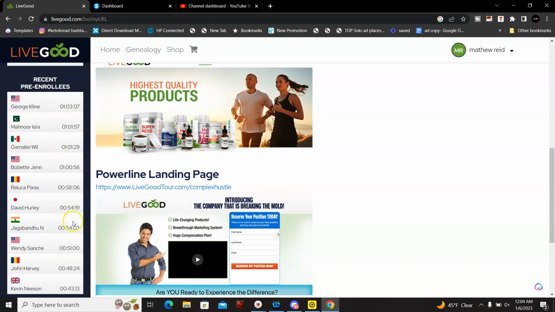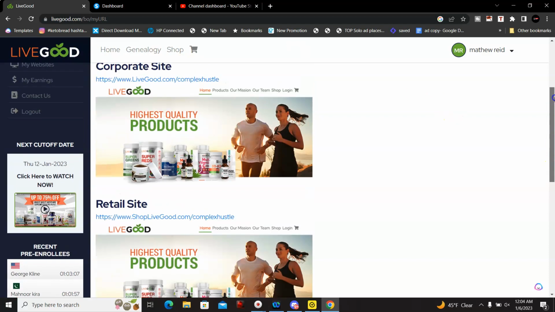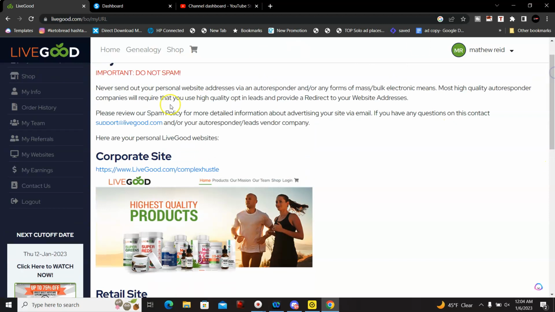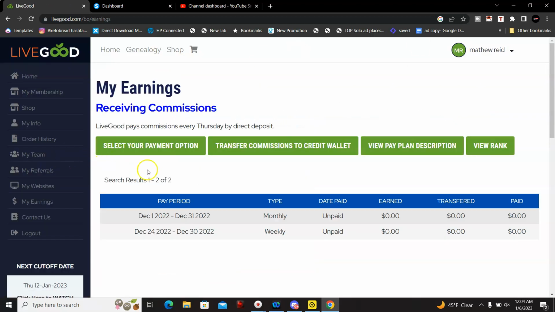Okay, so here's the list of recent pre-enrollees. So this thing does continue to grow as well. All right. And then my earnings are not going to show up yet because I recently got that upgraded member. It was 3 days ago. So in the next pay period, it's going to show up down here. Okay.